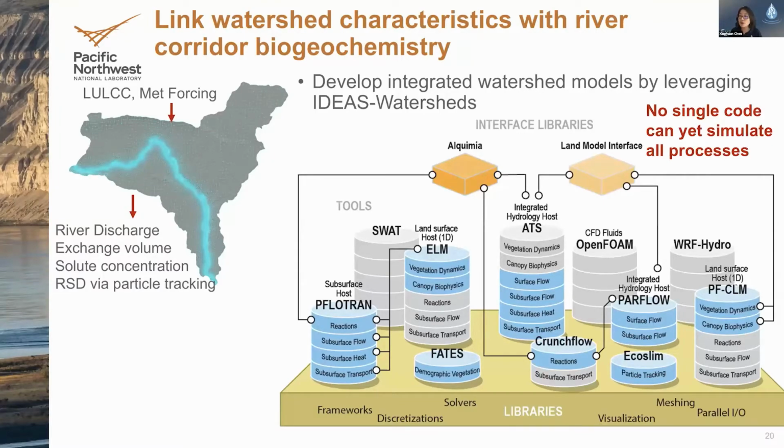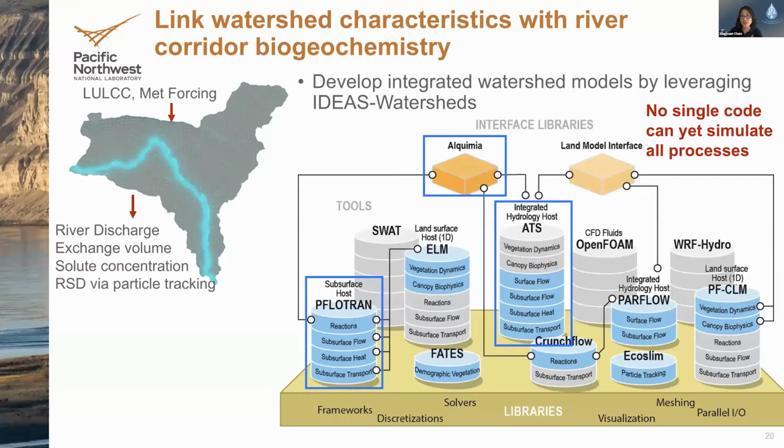You can have your own recipe that is best suited for your problem. For example, we can have PFLOTRAN to simulate the biogeochemistry, and we use ATS, another code developed by our community, to simulate the integrated hydrology for both surface and subsurface. And you can use Alquimia to link them together. And then you can choose WRF-Hydro or ELM for your land surface or plant related processes.